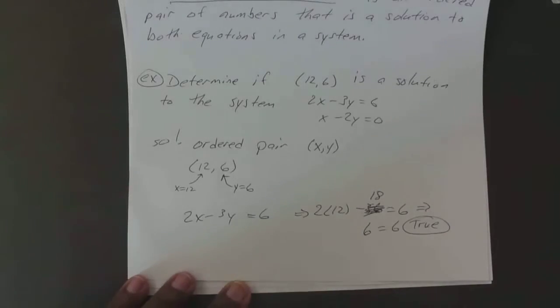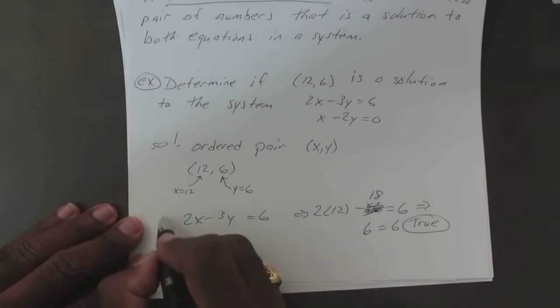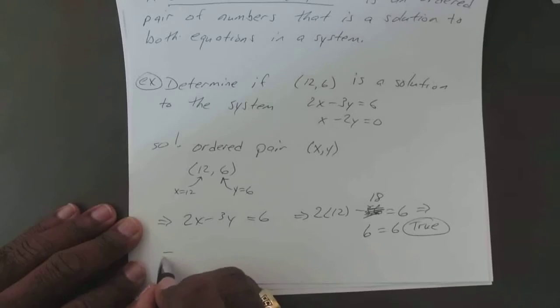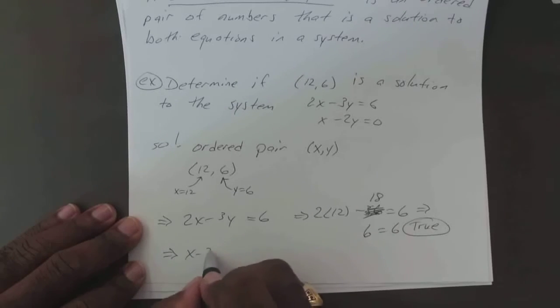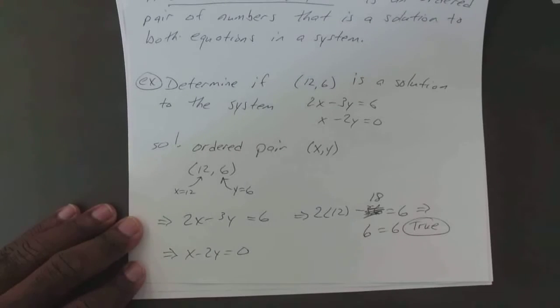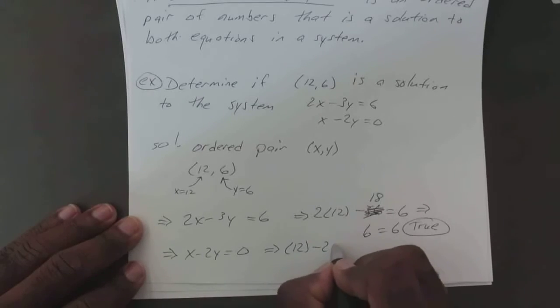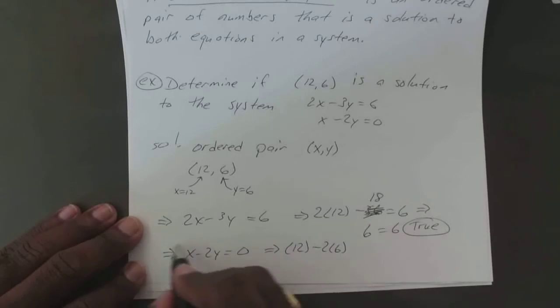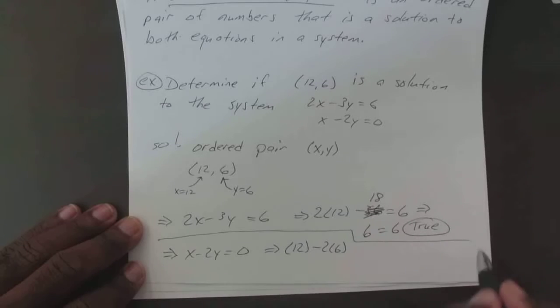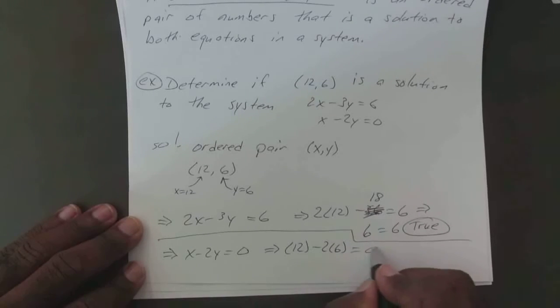All right. Okay, so that was x minus 2y equals 0. Again, replace x with 12, y with 6. So 12 minus 2 times 6 equals 0.